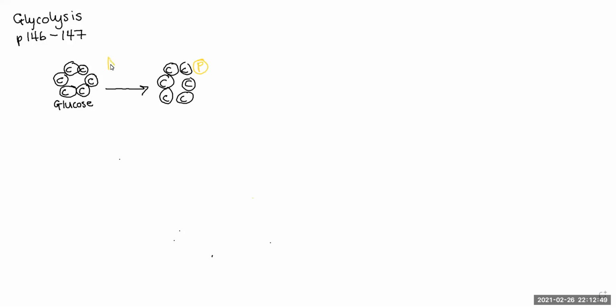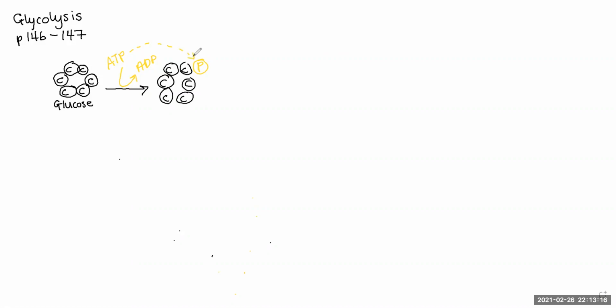And in this reaction, it's going to be that ATP hydrolyzes one of its phosphates and yields an ADP. So it's actually going to be this phosphate here, which gets transferred over here.